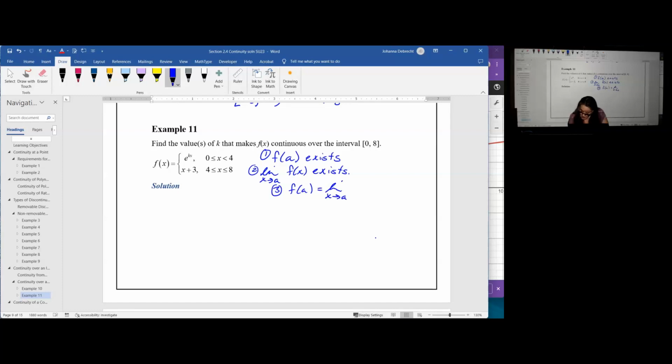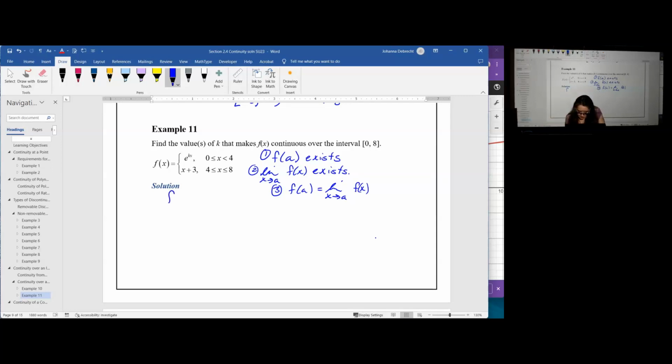Now I've got to establish that the function value exists there and is equal. In this particular case, my brain is kind of going faster than I'm writing. So the next thing that we want to write is, what is the value at 4? At 4, we use the second rule because we have 4 less than or equal to x, which means that at 4, I use the second rule, x plus 3.